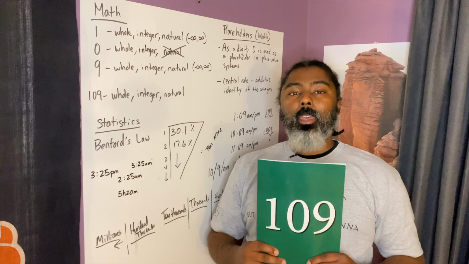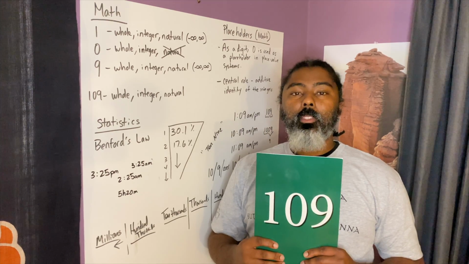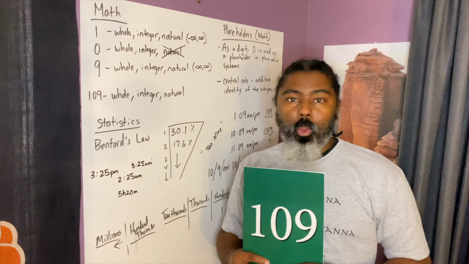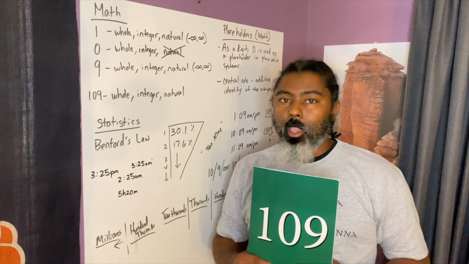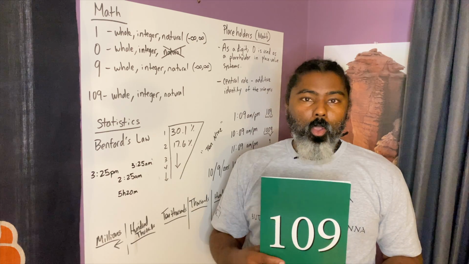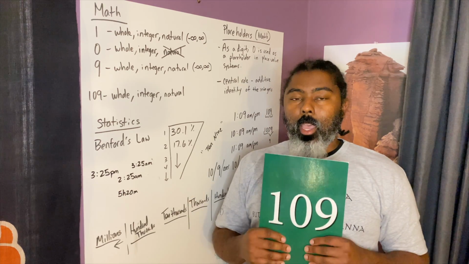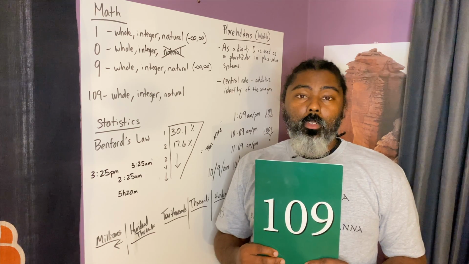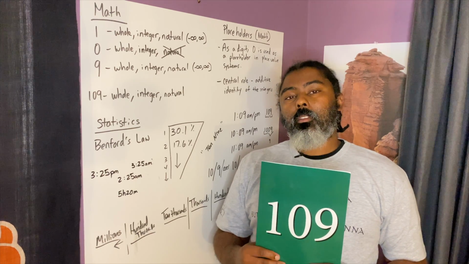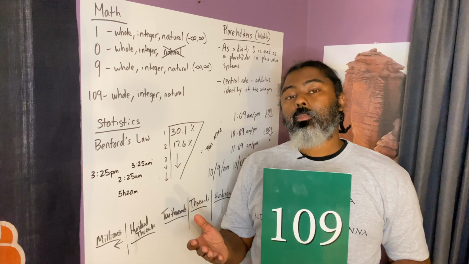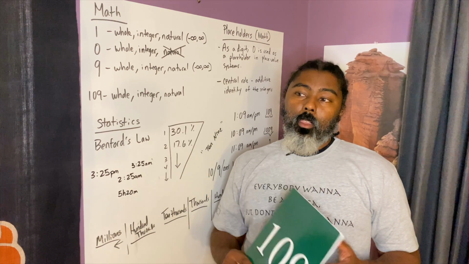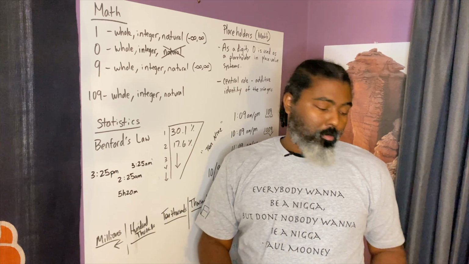I'm not telling you about moments in my life where I walked outside my door searching for 109. Where is it? Oh, I found it. No, I'm talking about moments when I happened to see these numbers and I just said to myself, hey, that's cool, because I see my birthday. That's pretty much it.